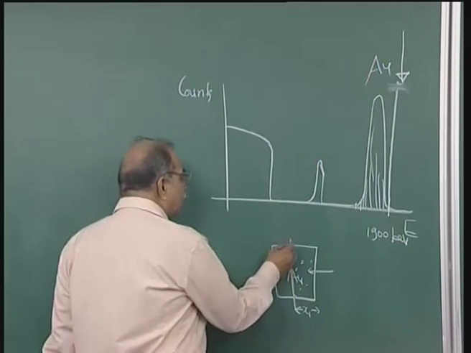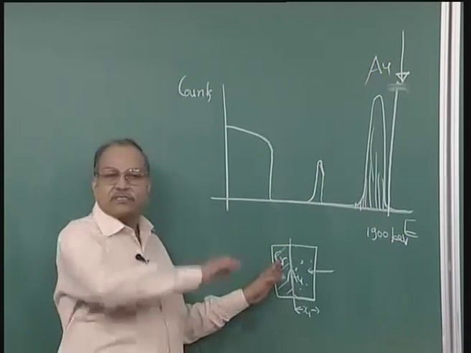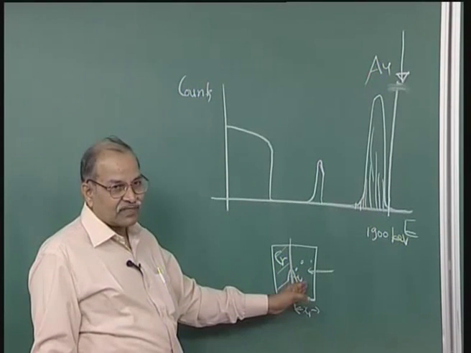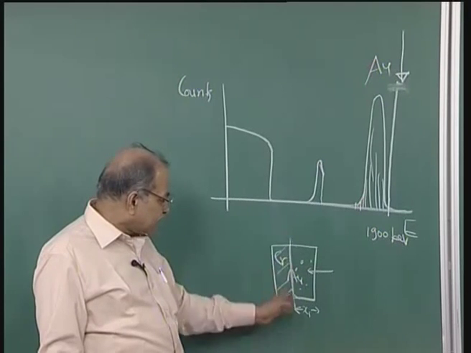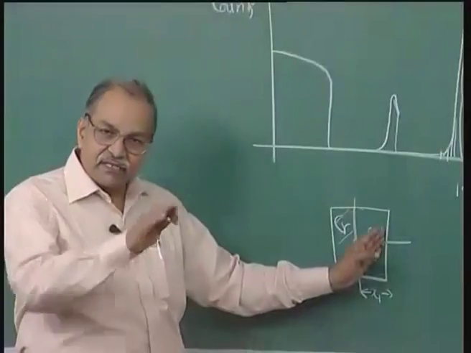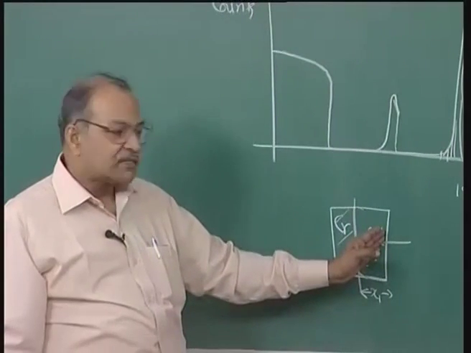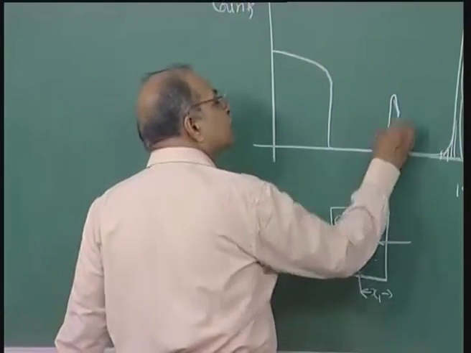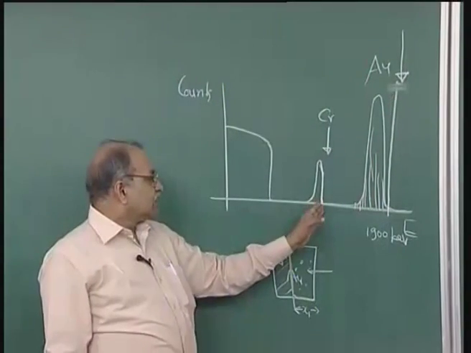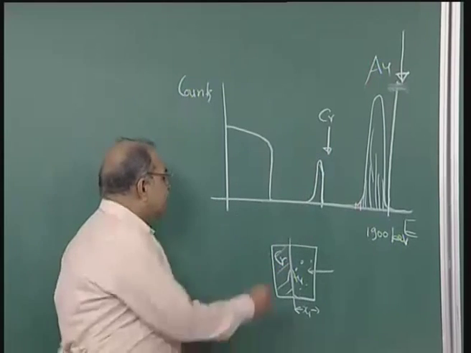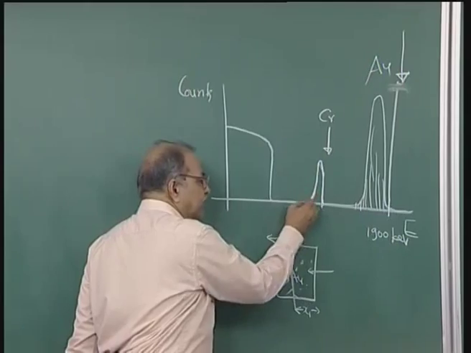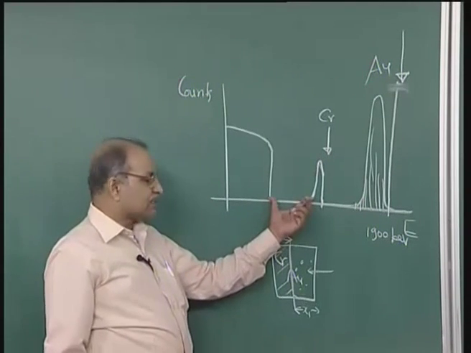For chromium, the kinematic factor is much smaller than it was for gold, and therefore even from this interface, the energy of that backscattered alpha particle will be much smaller, and that is here. So this is the chromium surface, chromium starts here, and whatever is the thickness of the chromium, because of that you get this kind of peak here. Then there is a gap here.